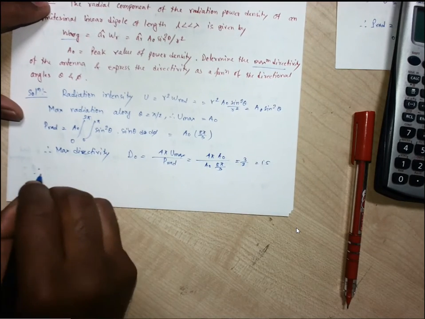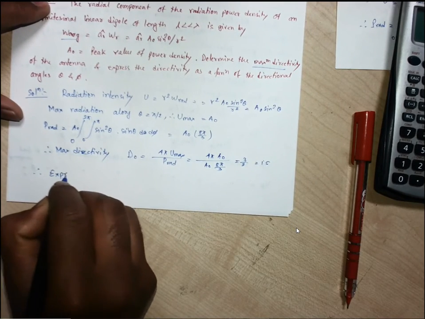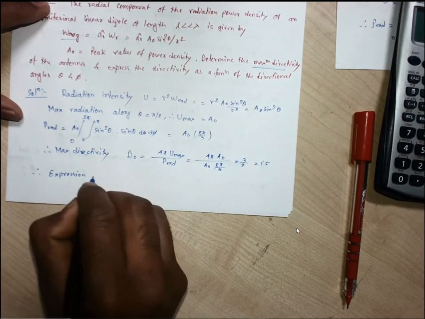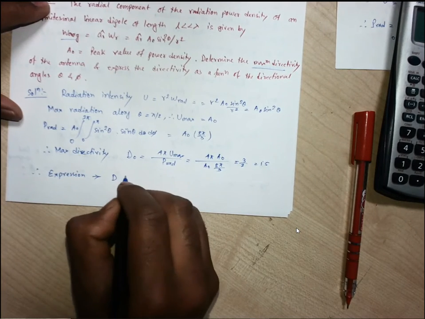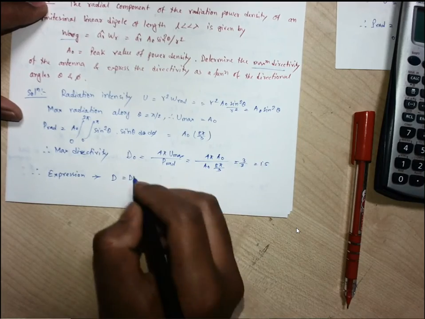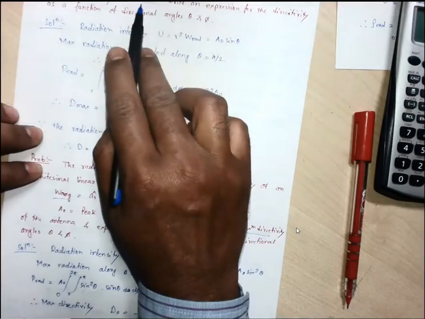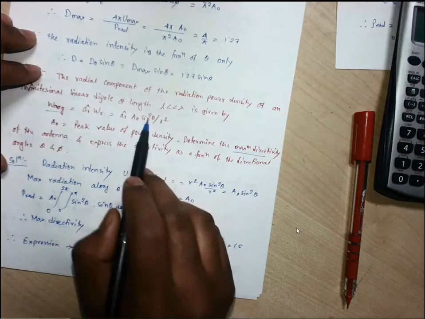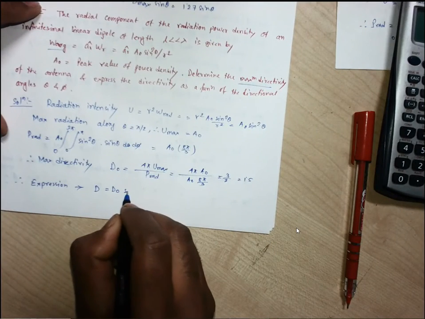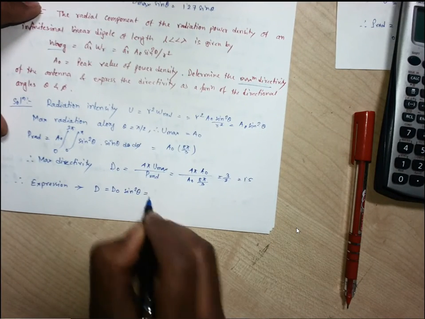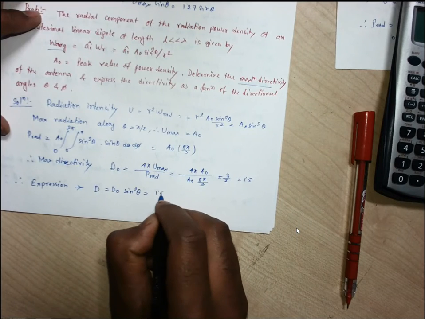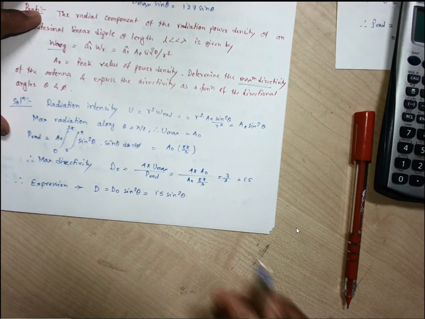So therefore the expression will be D equals D₀ sin²θ. Previously that was A₀ sinθ, now it is A₀ sin²θ, so it will be D₀ sin²θ, that is 1.5 sin²θ.